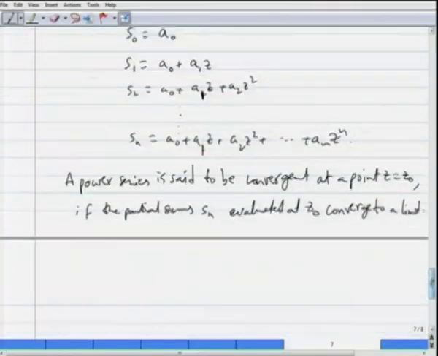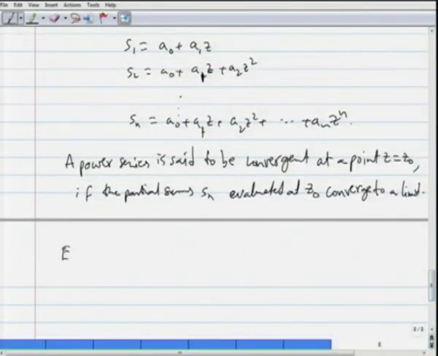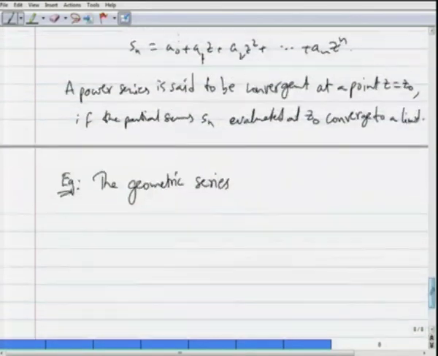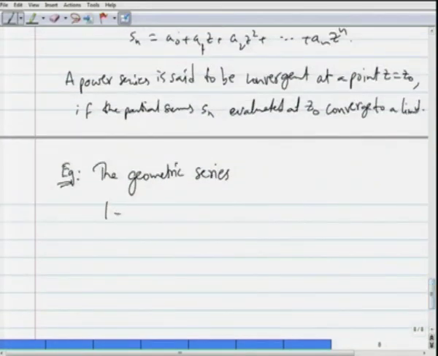And then we will now see examples. Like in the case of real power series, we have the following examples. The first one is the geometric series. So, what is the geometric series? This is 1 plus z plus z squared plus so on.